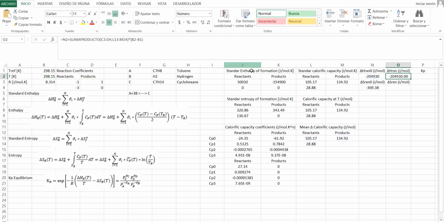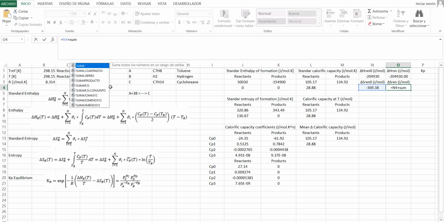So let's calculate now the change of entropy of the reaction, which is pretty similar. It will be the standard one plus, as we can see here, once again the sum product of the stoichiometric coefficients that are right here and the mean.